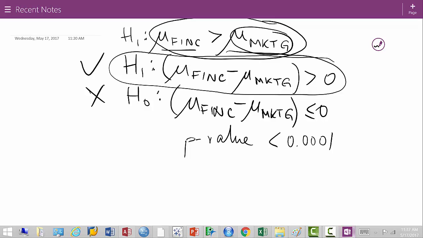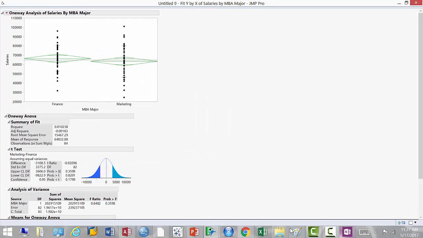All right, so therefore I'm still looking in the right tail of the distribution. Which probability do I have to pick? Greater than absolute value of t, greater than t, or less than t? In the right tail, greater than t. So what do we have? Let's see. Oh, and I'm testing here.